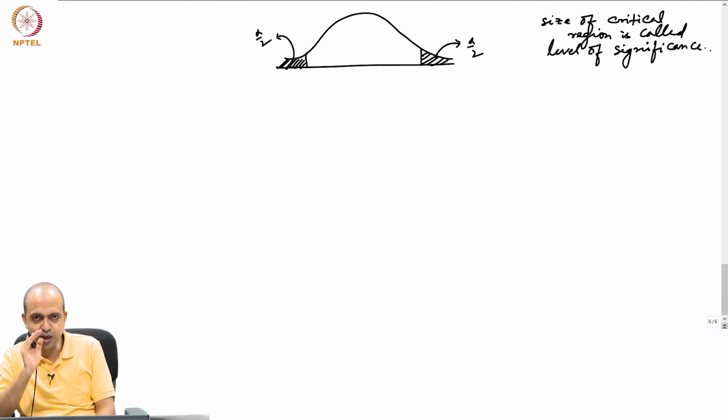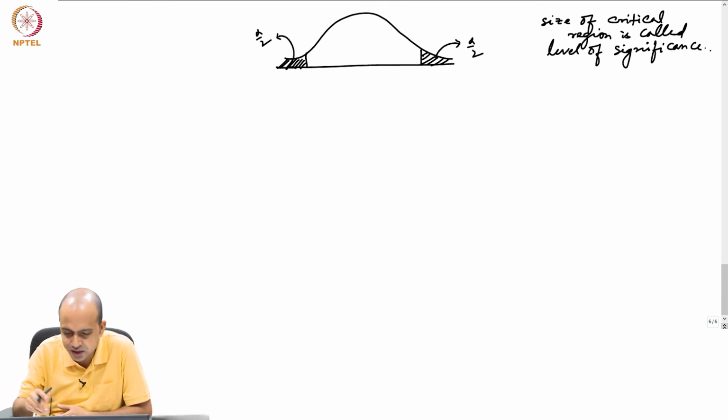When I am saying the variable is significant at 5% level, that means I am committing type 1 error 5 times. When I am saying the variable is significant at 1% level, that means I am committing only one type 1 error while rejecting my null hypothesis.